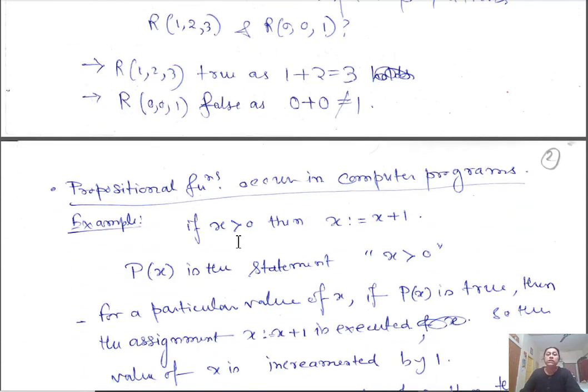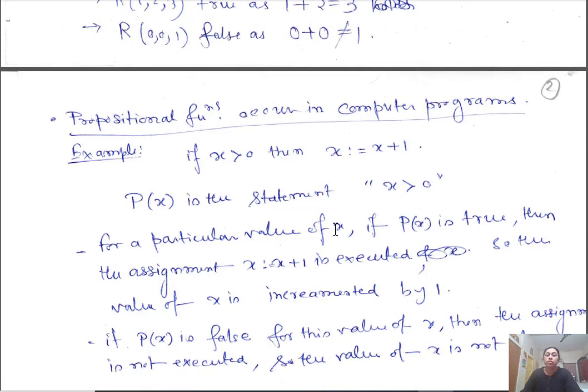Now propositional functions also occur in computer programs, as in: if x greater than 0, then x is x plus 1. So x is incremented. Here P(x) is the statement x greater than 0. Whenever P(x) is true, then x is incremented, otherwise not.